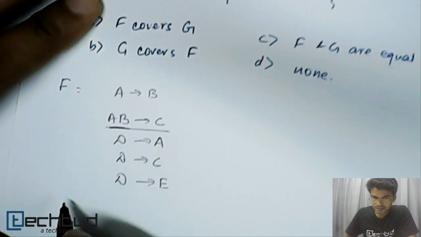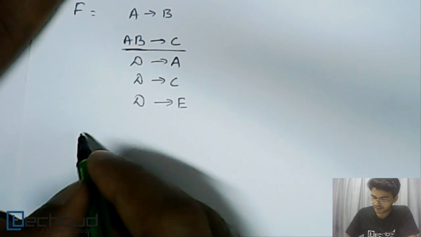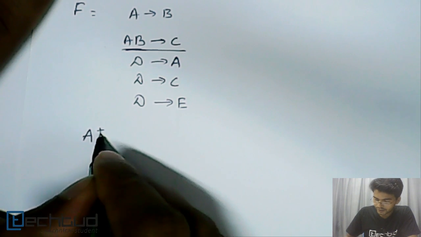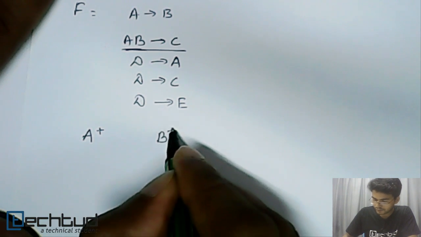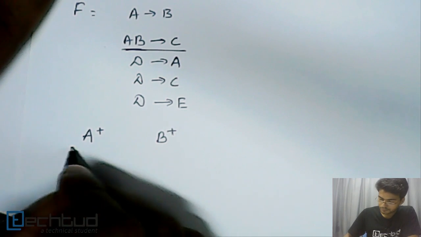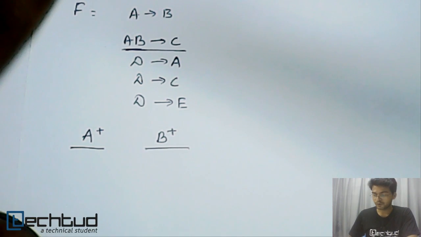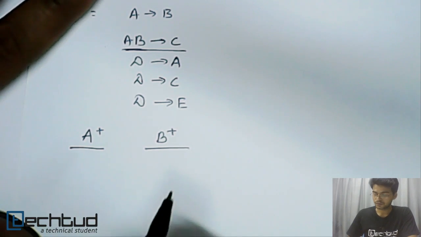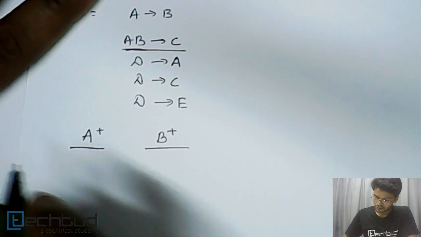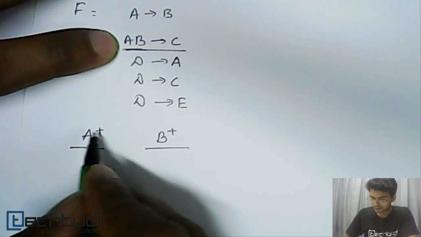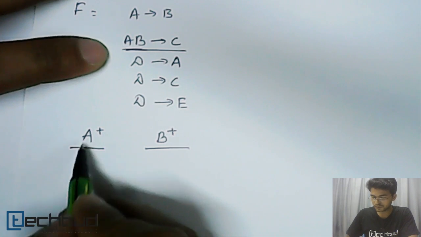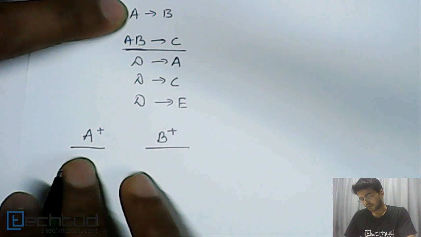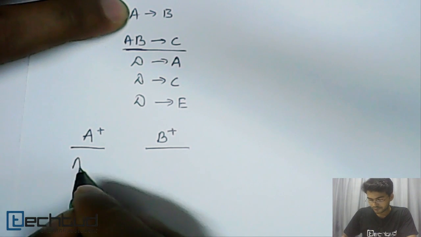How do we check this? You might have followed the lecture in the theory section, that is the video section. We will find out A closure and B closure here. How do we proceed to find closure? We already studied finding X closure, or finding closure of an attribute, so you can refer to that video. We will see which attributes can be found using A plus. See, we can always find A by the reflexive rule.